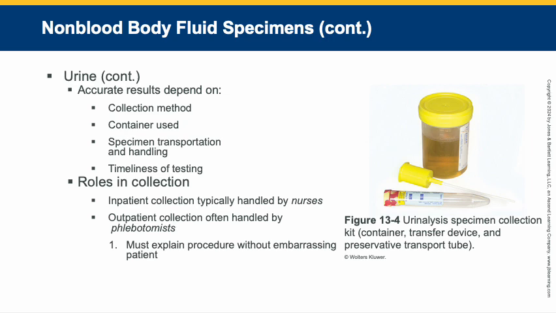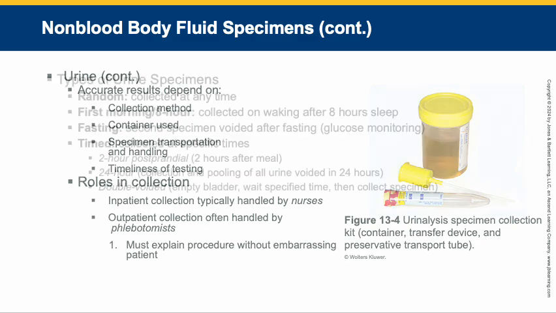And then there is a preservative transport tube. So this little kit comes all together. And this allows the patient to be able to go collect the sample. And then if you need to take anything out, you're going to take it out of that big specimen collection container and put it into the tube and take it with you.